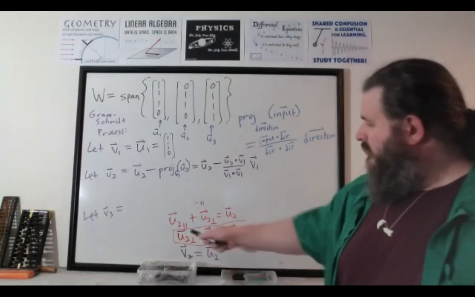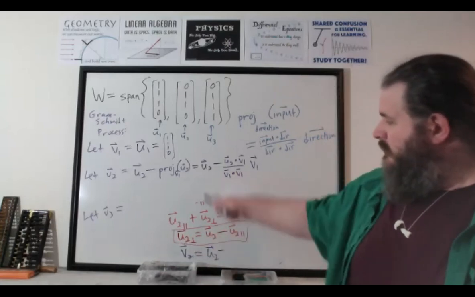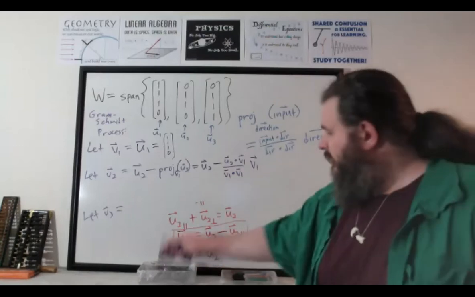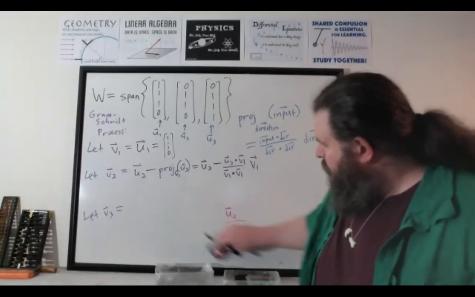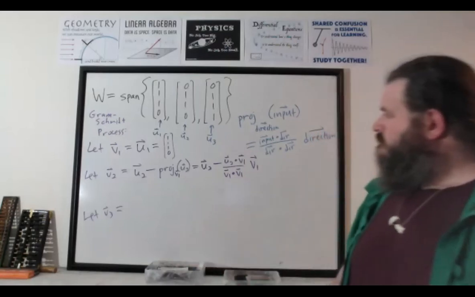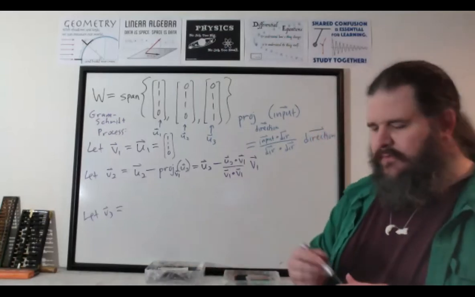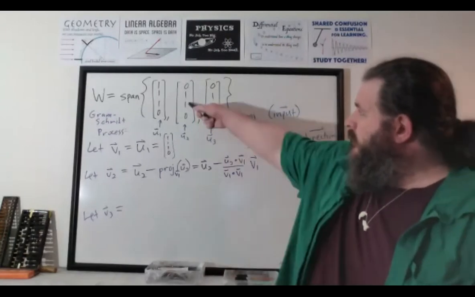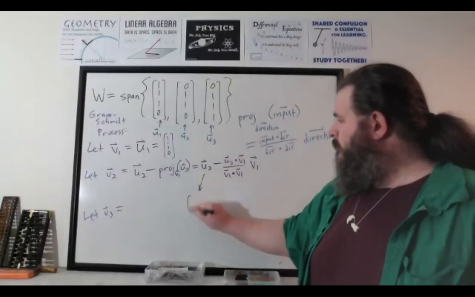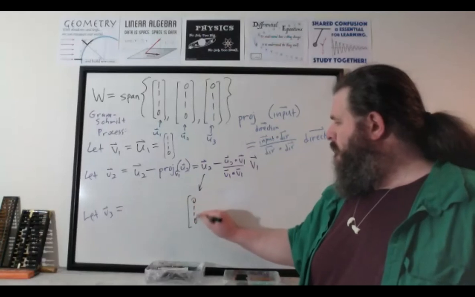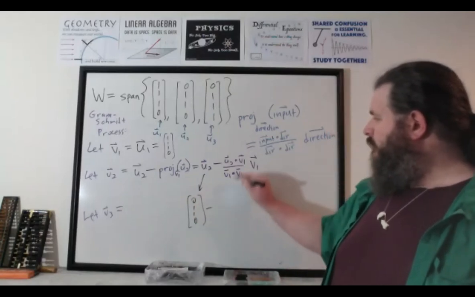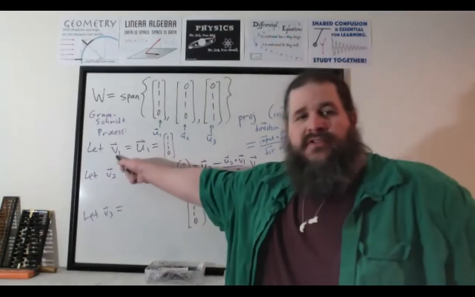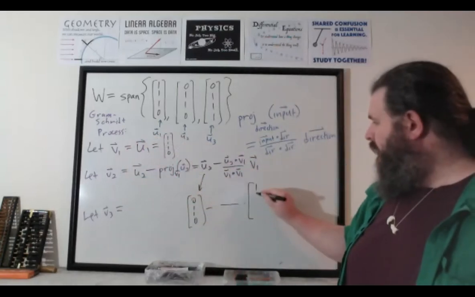That should give us the perpendicular component by taking the original vector minus the parallel component. All that's left should be perpendicular. So filling in the actual numbers, we've got U2 is 0, 1, 1, 0 minus a fraction times V1, and V1 was the same as U1, so that's just 1, 1, 1, 0.